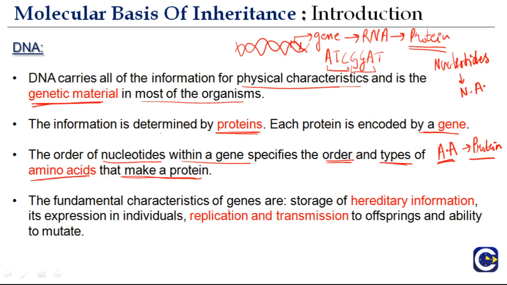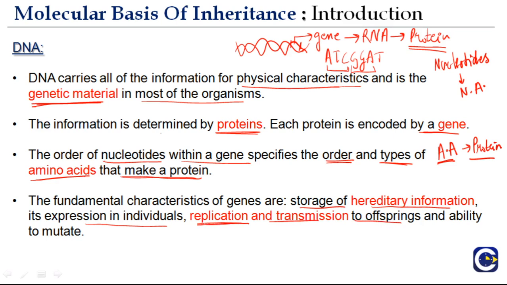The fundamental characteristic of genes is the storage of hereditary information and its expression in individuals. This hereditary information, or genetic information, basically determines the physical characteristics, and they are expressed in individuals. The other fundamental characteristic of genes is replication and transmission to offspring.